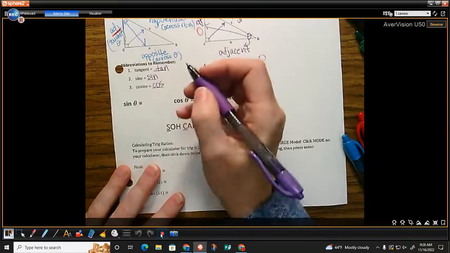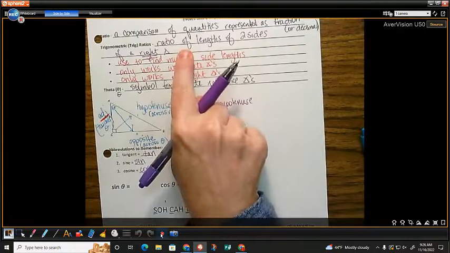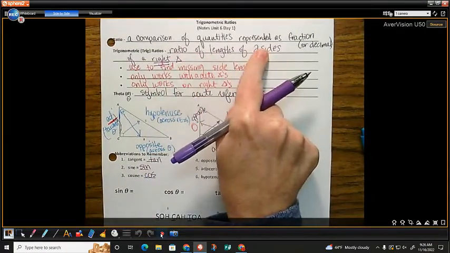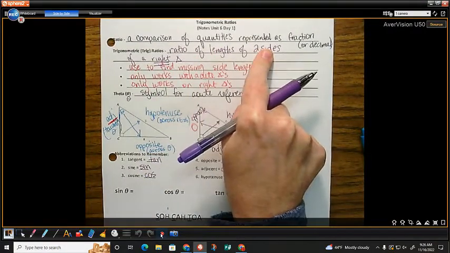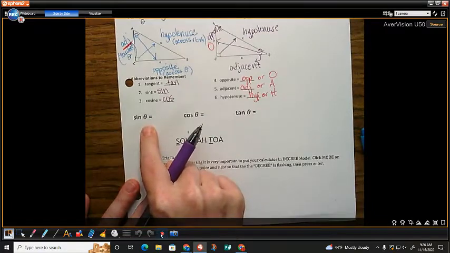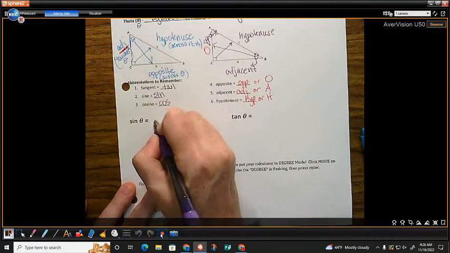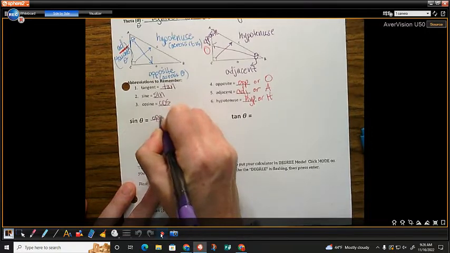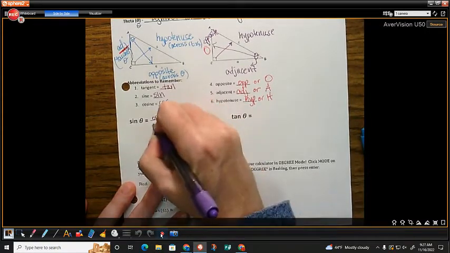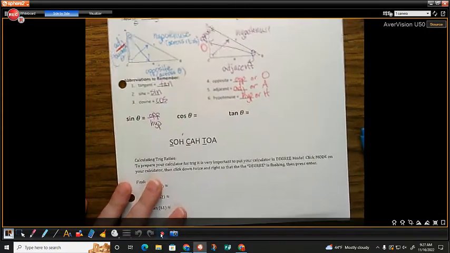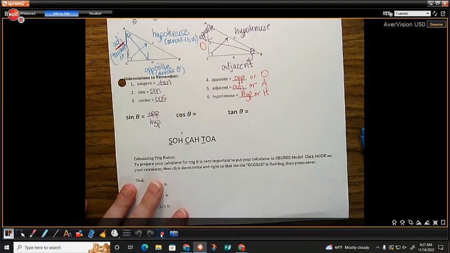When you sine an angle, you are finding the ratio of the lengths of 2 sides around that angle theta. And for the sine, it's always going to be the ratio of the opposite side over the hypotenuse, no matter how big your triangle is.